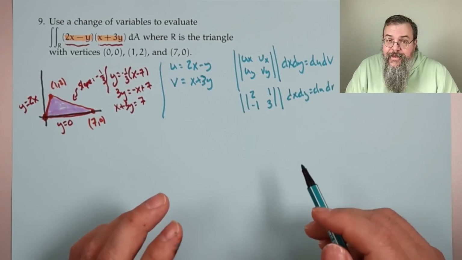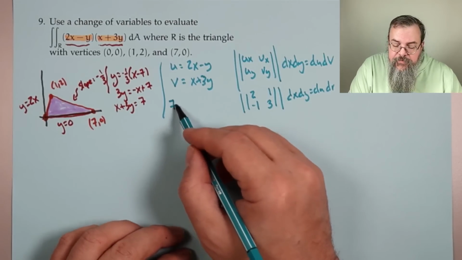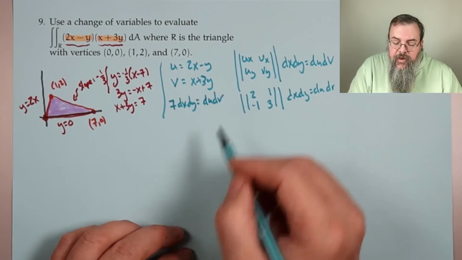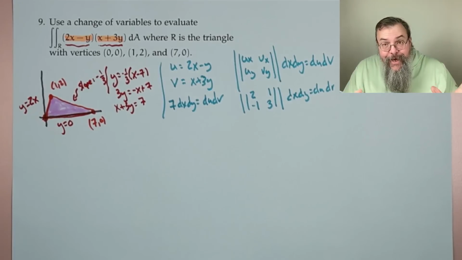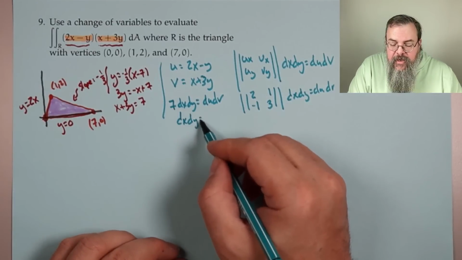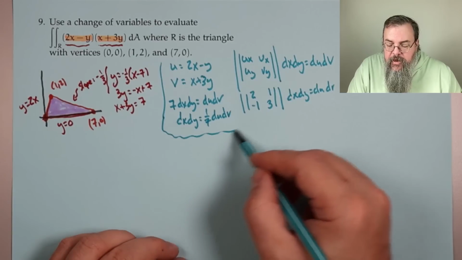So we get 7. That's our great aha: 7 dx dy equals du dv. Now we can use sophisticated technology called divide by 7 and say, all right, dx dy equals 1 over 7 du dv.